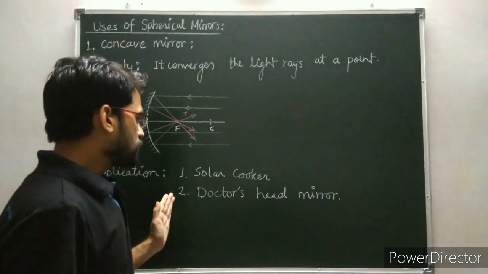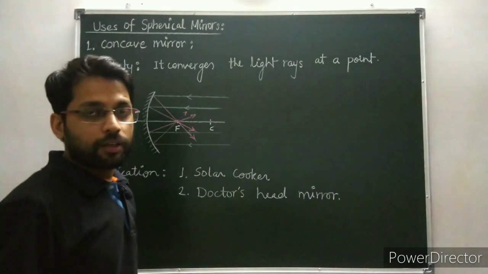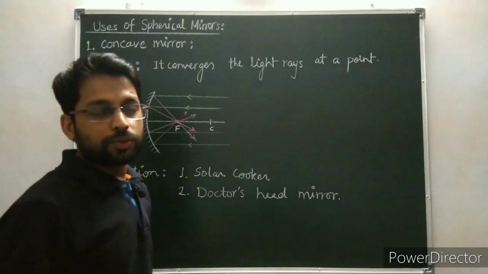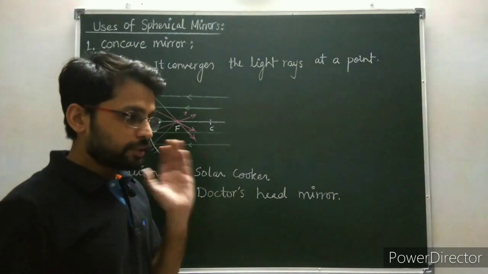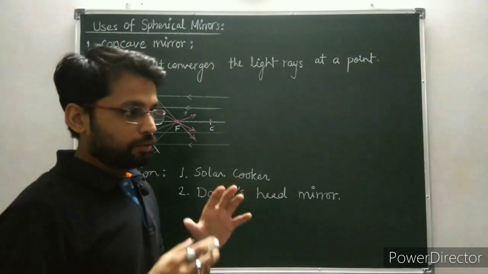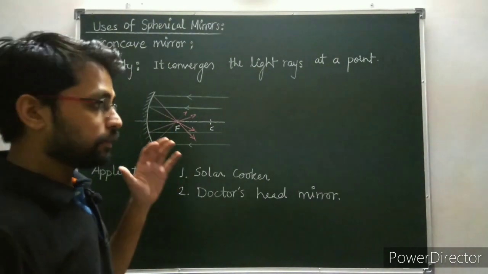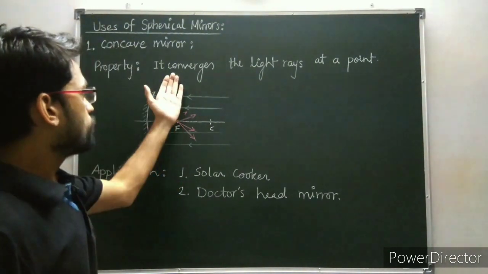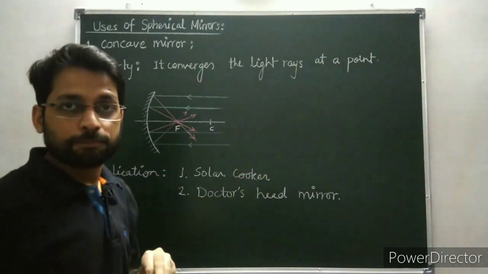And the second application is doctor's head mirror. All the doctors use concave mirror to see the affected area of the patient more clearly, because the concave mirror has the property that it converges the light at a point.